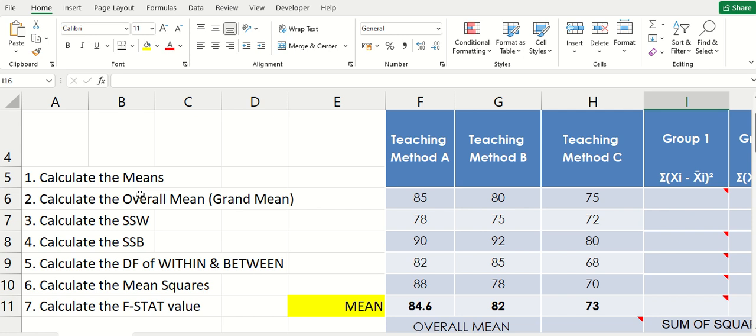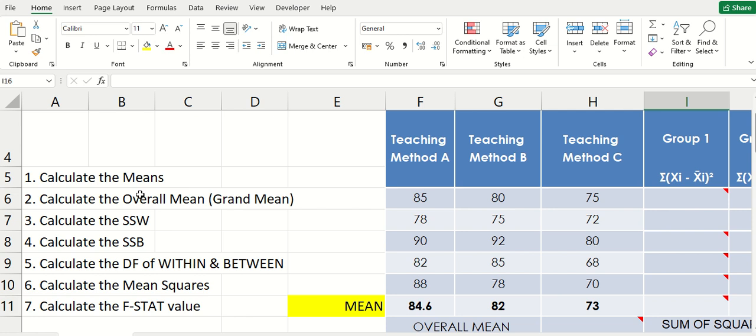As you all know, I have already shared in our class the purpose of computing the one-way ANOVA, using it as an inferential statistical treatment. Again, your purpose is to find the significant difference among the levels of your independent variable.